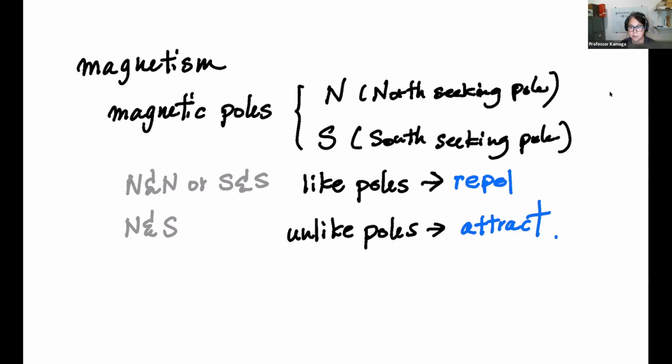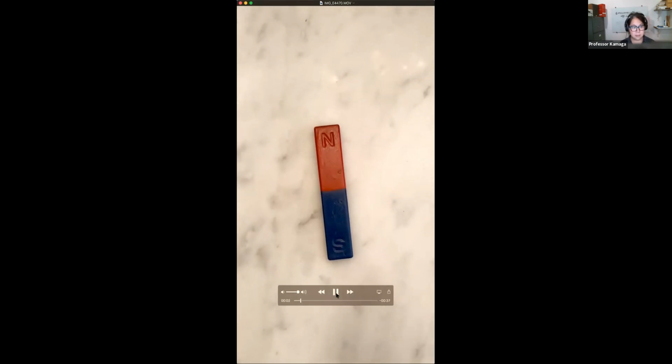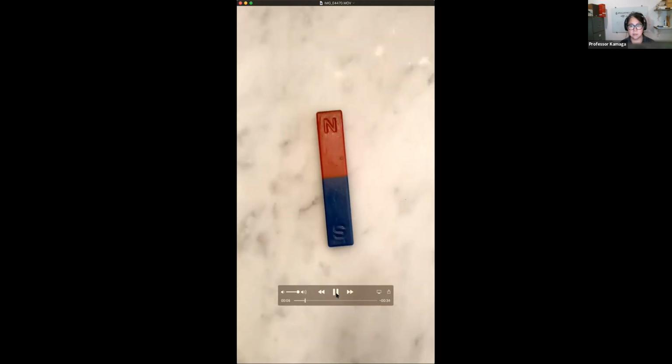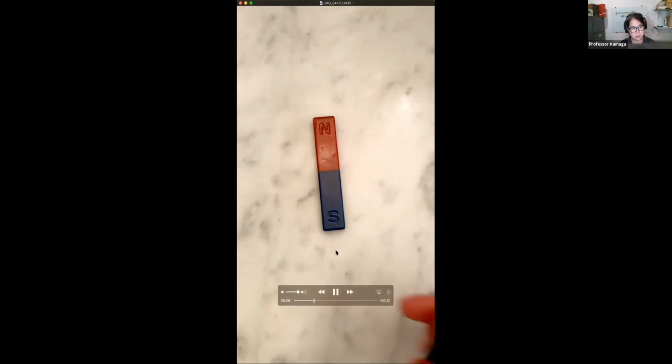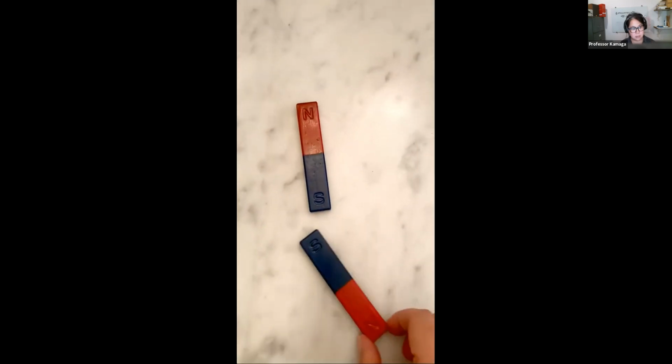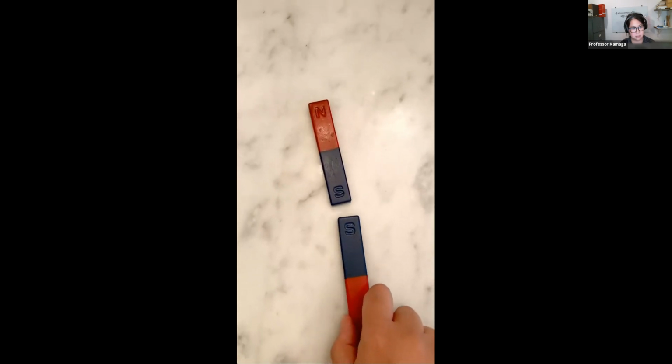Here's a video. So there's a bar magnet, and it has a north and south, two different poles. I have another one here. And like poles repel.